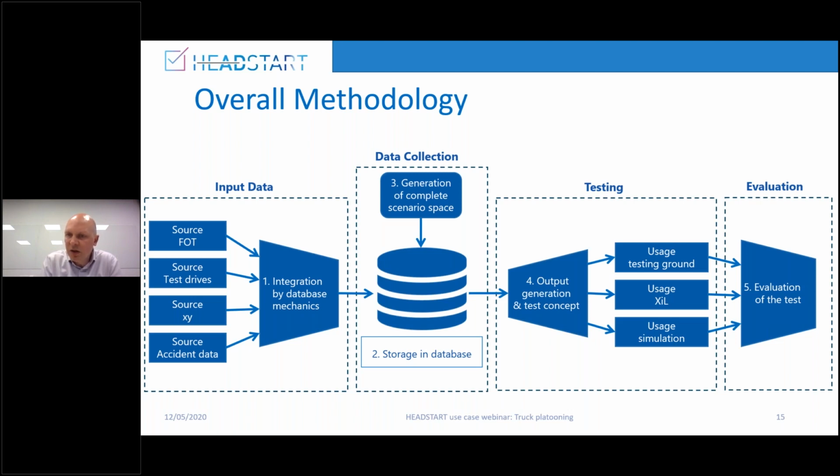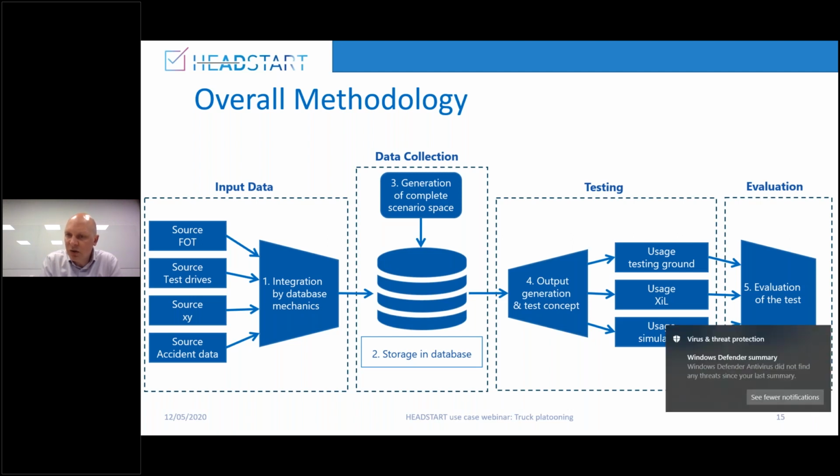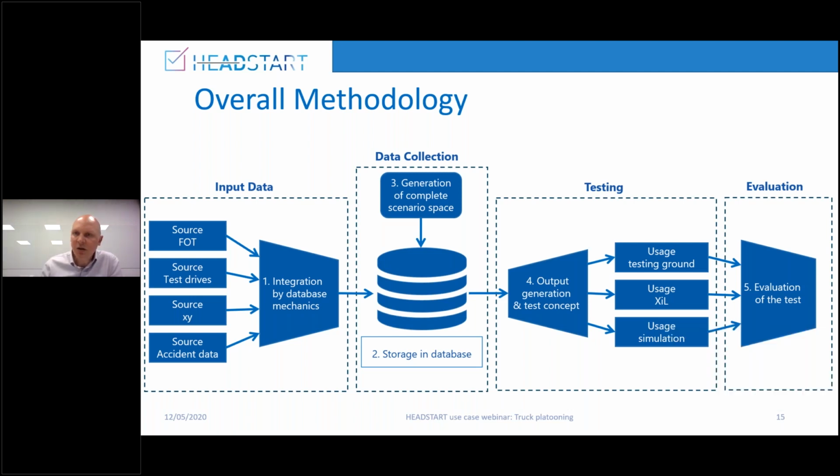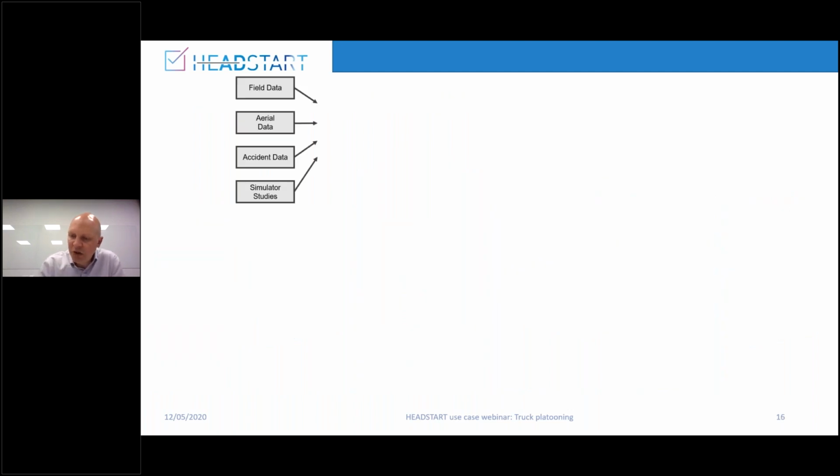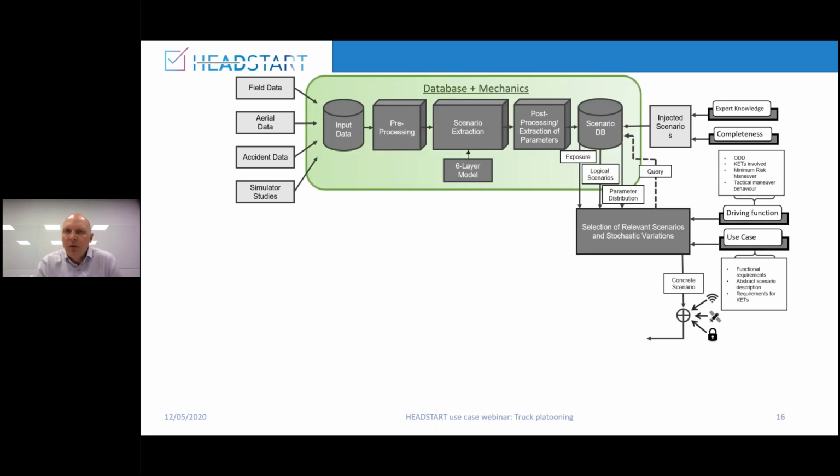It will be discussed in a bit more detail in different types, as mentioned, proving ground, simulation, virtual testing. And then, of course, based on these test results, you need to do the evaluation of the test. So these are the main blocks in the overall methodology. If we then look at a more detailed one that we created in HEADSTART, assuming that there is a database, that's good to keep in mind.